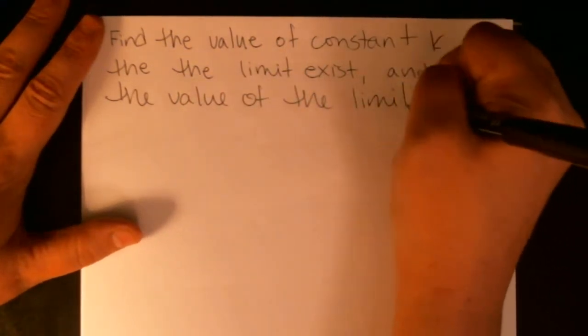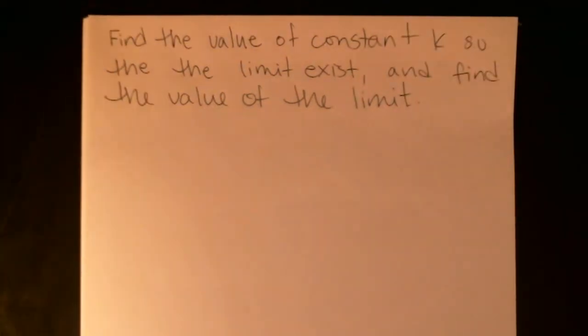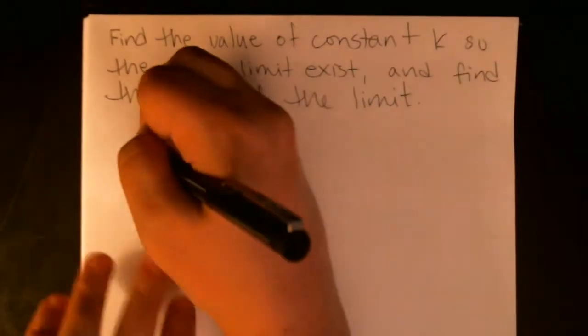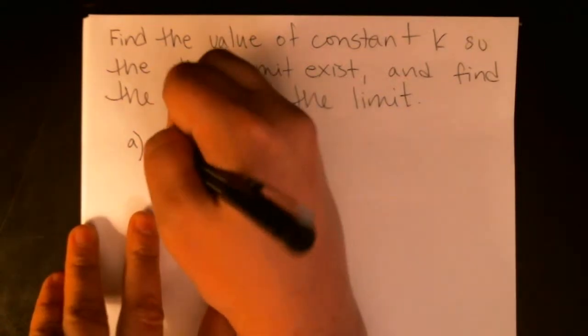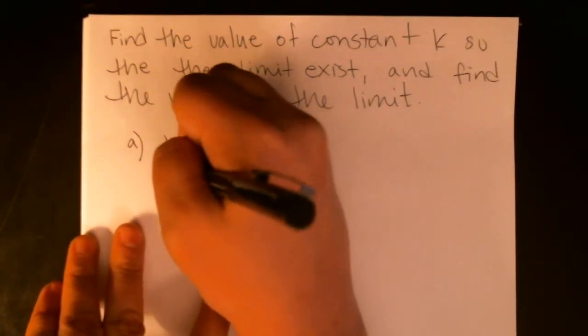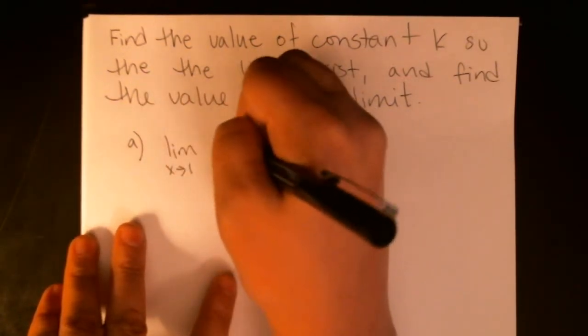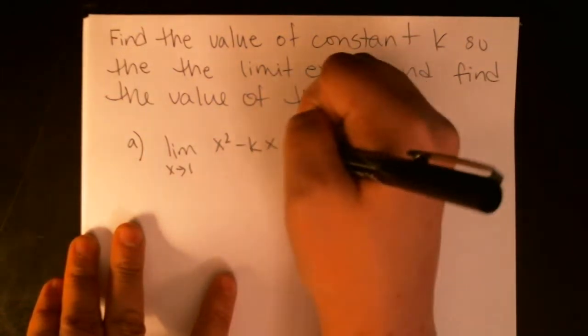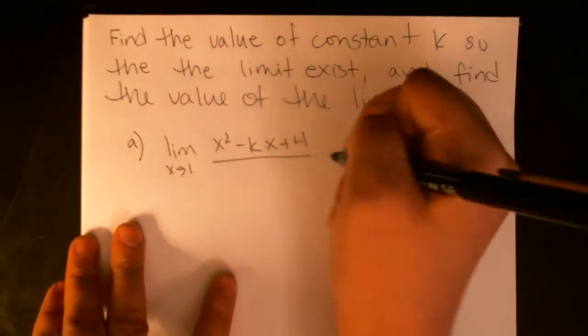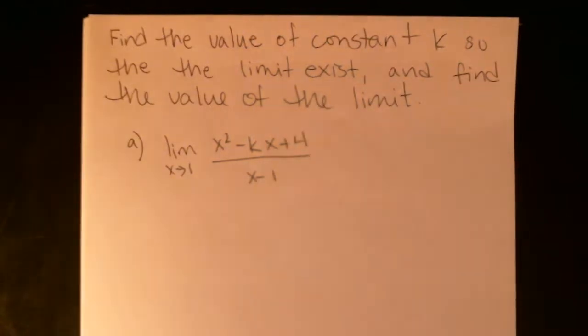Okay, sorry you have to watch me write directions. First one is the limit as x approaches 1 of x squared minus kx plus 4 over x minus 1.